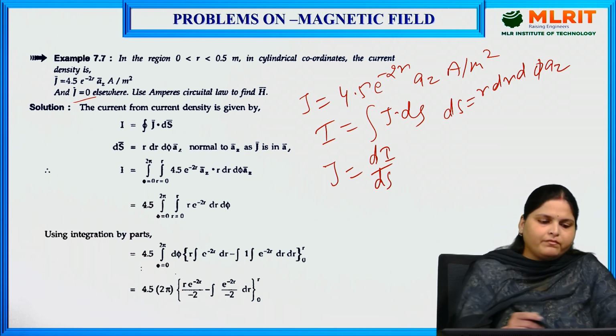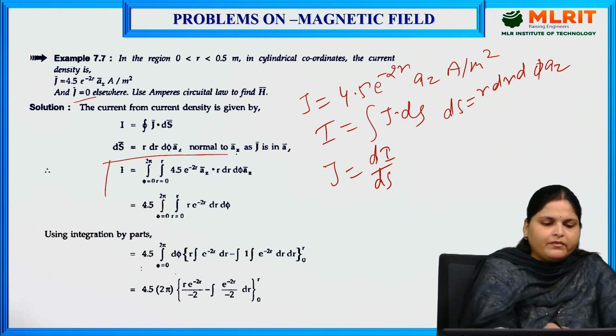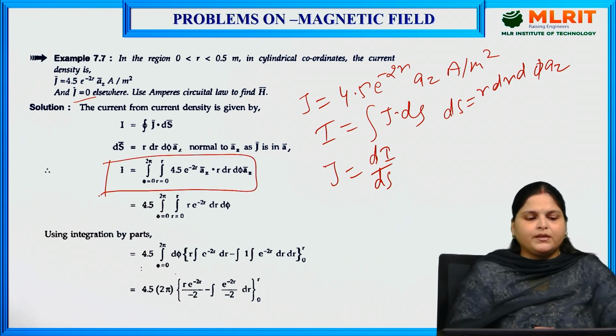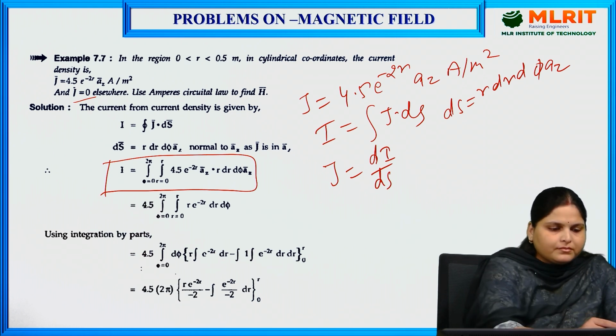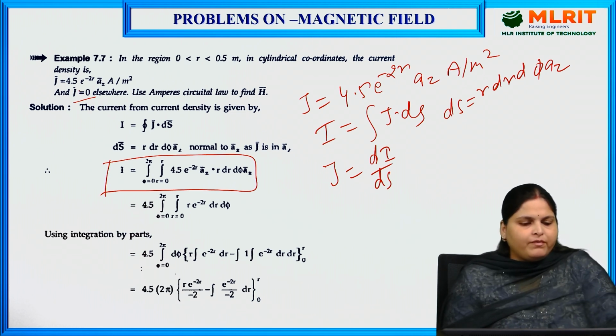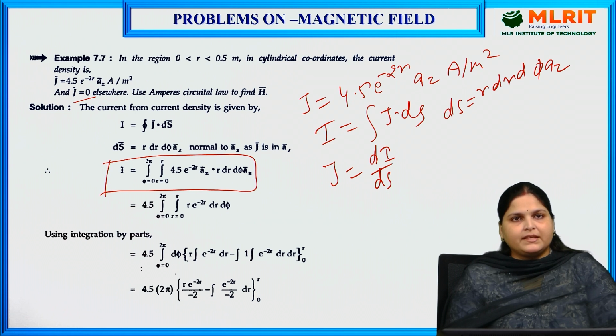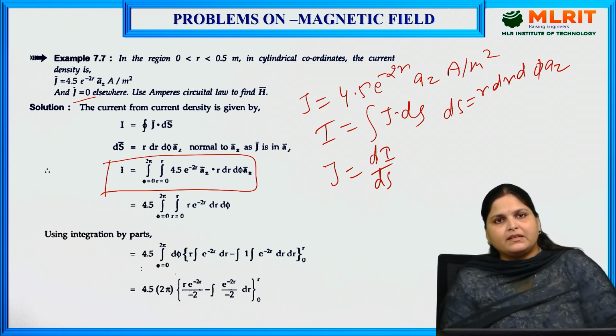So we will use this equation and put the equation of J here. A double integration will happen because it is given as 4.5 e to the power minus 2r az dot, basically r dr d phi az, right?